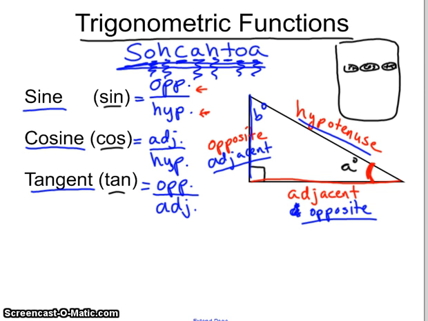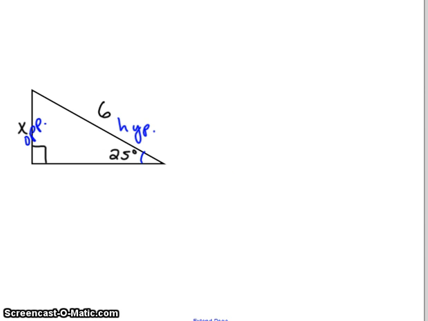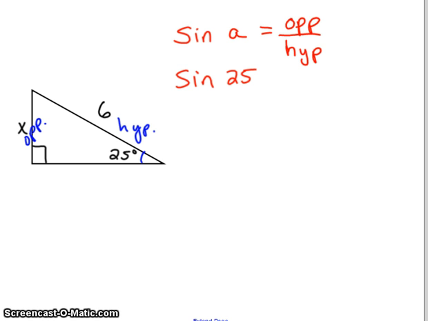So we say sine of the angle, which is 25 degrees, equals the opposite leg over the hypotenuse.